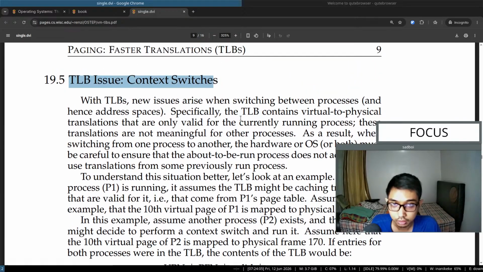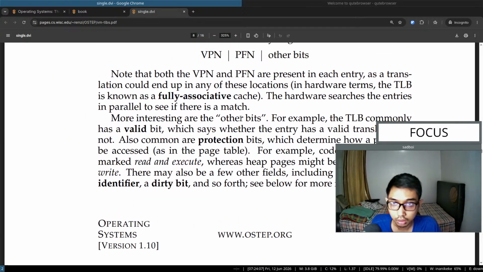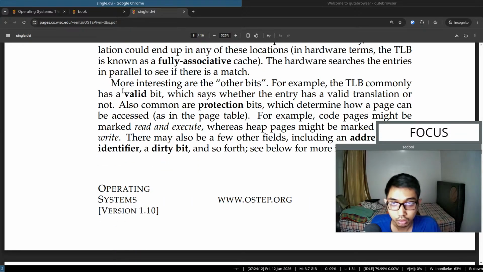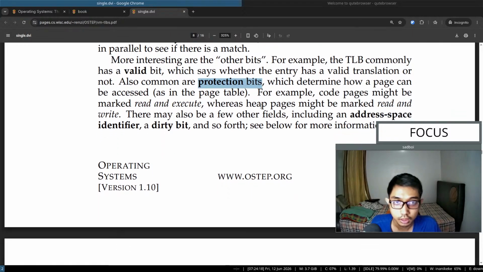Maybe. Okay, so the other bits might contain the valid bit, the protection bits, the address space identifier, a dirty bit, and yeah, another bit, I guess.